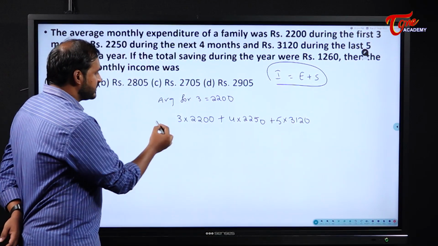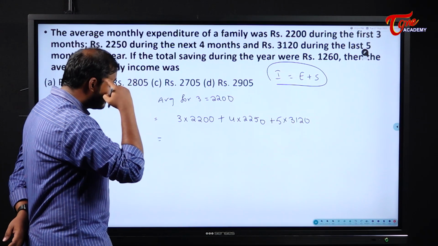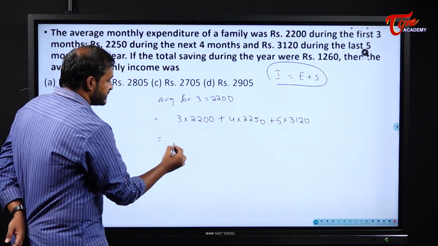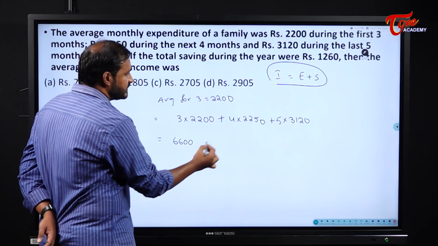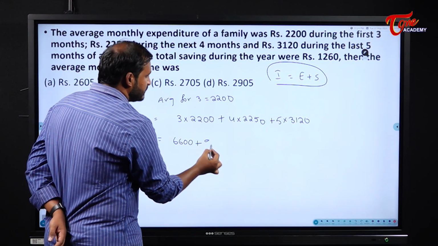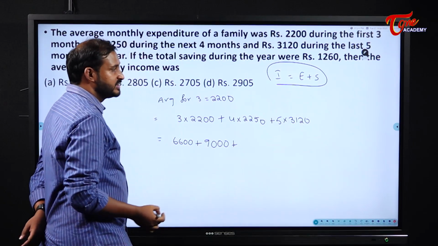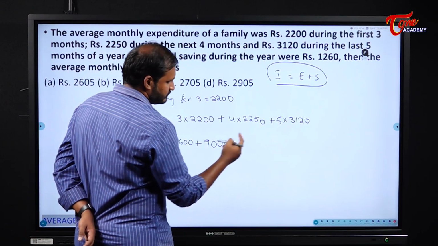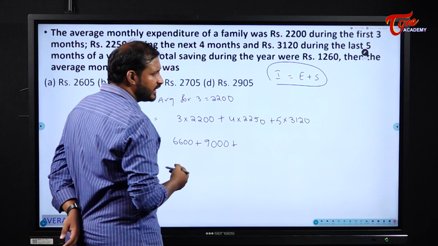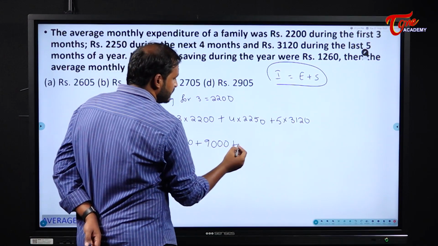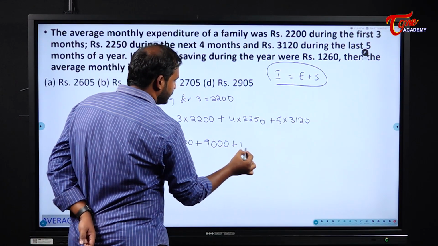This is his total expenditure. So what happens to this one now? 6600 plus 9000 plus 600 and 3000 into 500 it becomes 15,000. So 15,600.